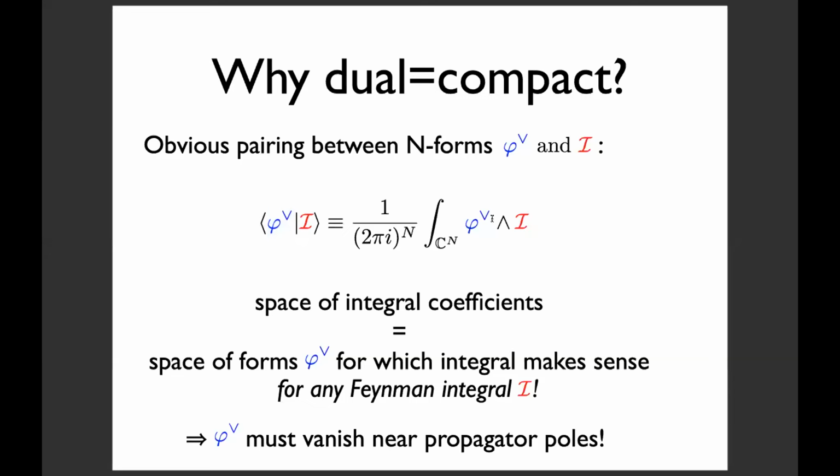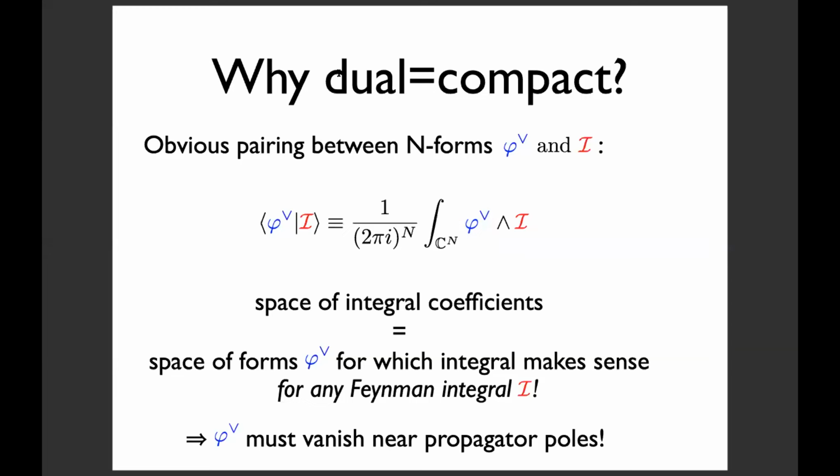Tautologically, the dual space is the space of forms for which the integral makes sense for any integral I. So if I give you a phi such that the integral makes sense for any I, then that's an element of the dual space. The issue is that these I's have poles, since the Feynman integrals have poles in their propagators, so these dual forms need to vanish there for the integral to make sense. And that's it.